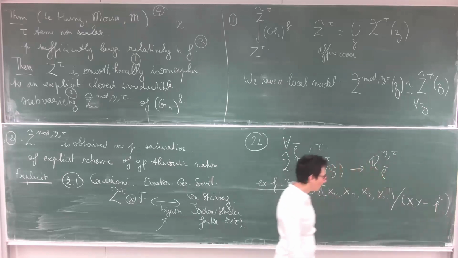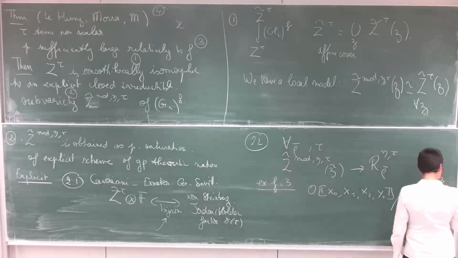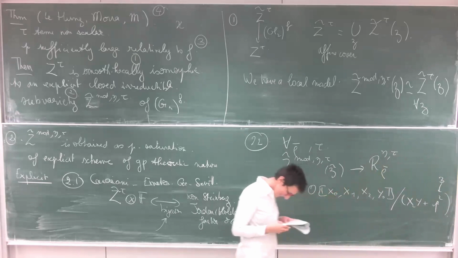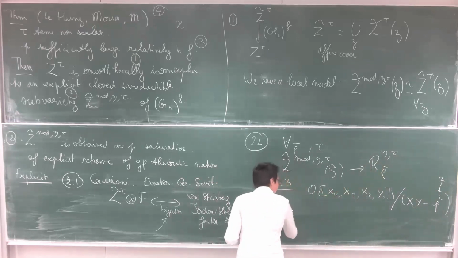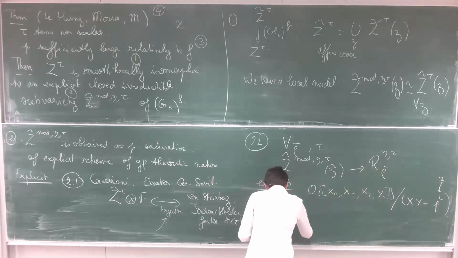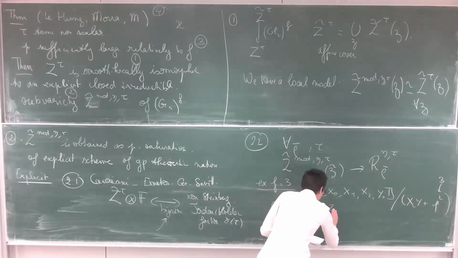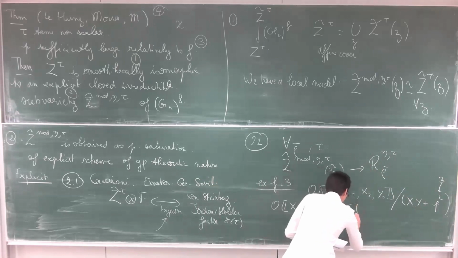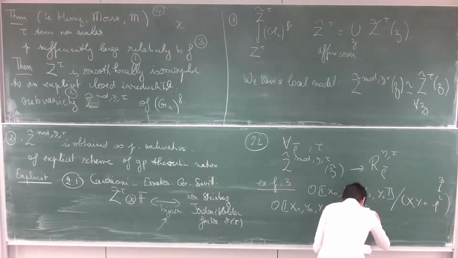You can have a 2 like this, but you can also have a 3 like that. So that's fun. You can have something which looks a little bit different. So one equation.